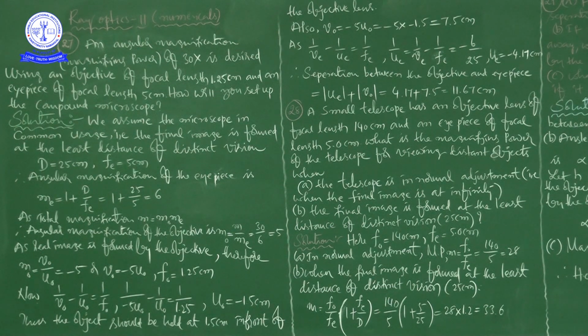Looking at the given quantities, small m is equal to 30. The objective focal length is 1.25 centimeters, that is f0, and the eyepiece focal length is 5 centimeters, that is fe. So small m, f0 and fe are given, and we are asked to find the separation between the objective and eyepiece, which is equal to modulus of ue plus modulus of v0.